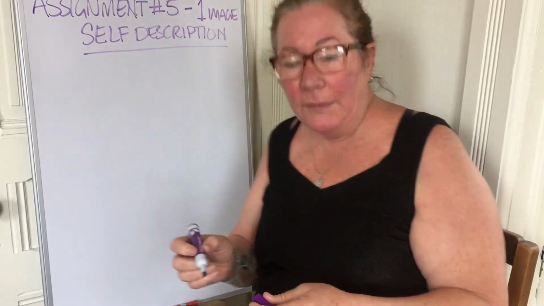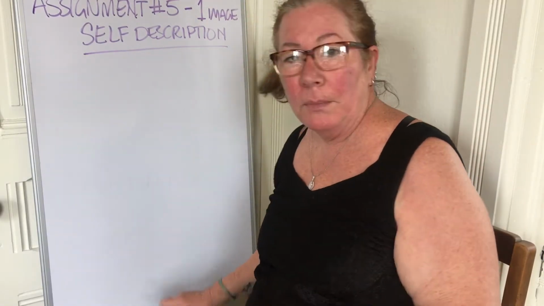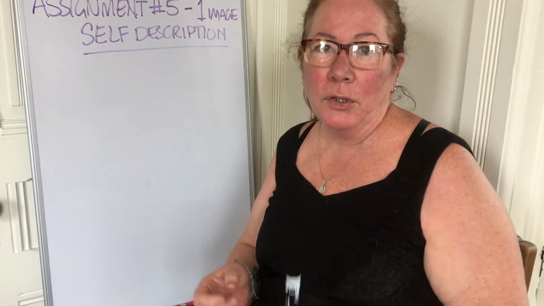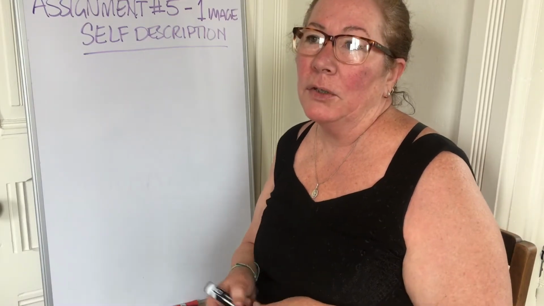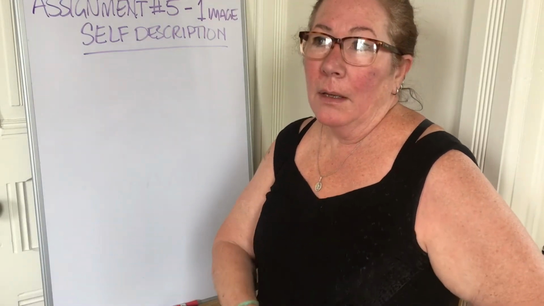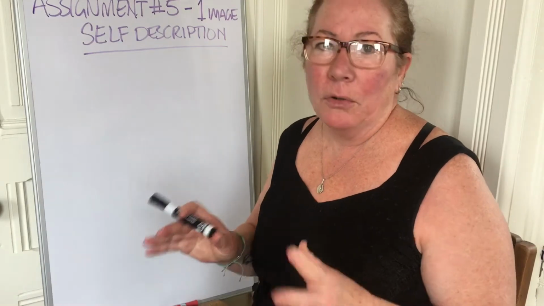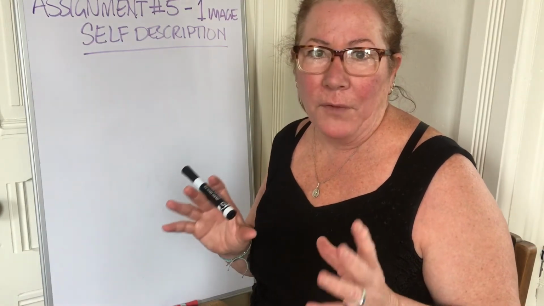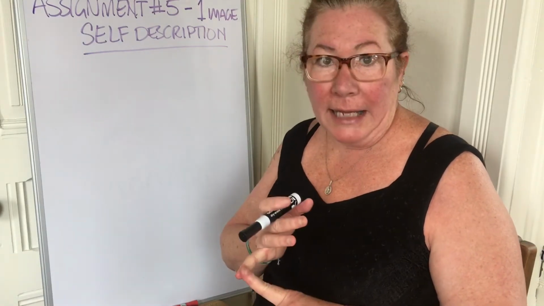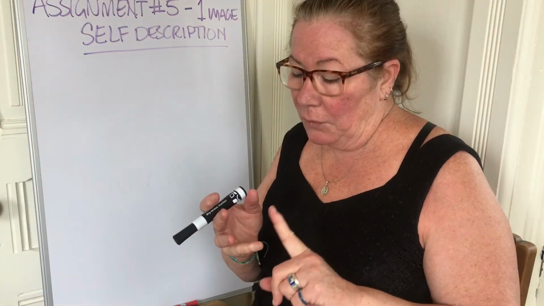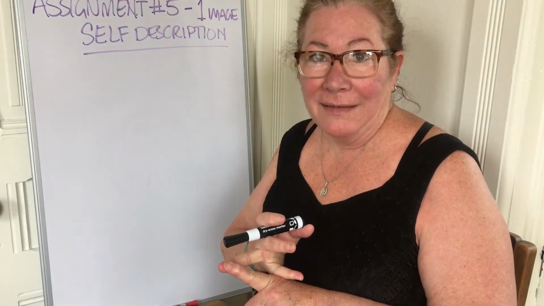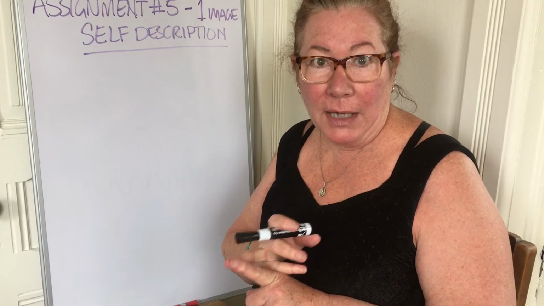So there's some things that you're going to need to do for this. And the most important things are to make sure that your technical parts of the photograph are good. So you want to make sure your lighting is good. And you want to make sure that your focus and depth of field is correct for the image.